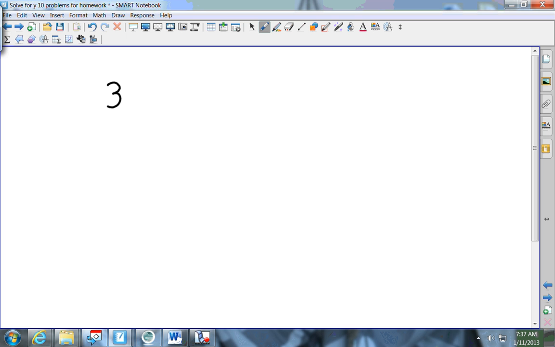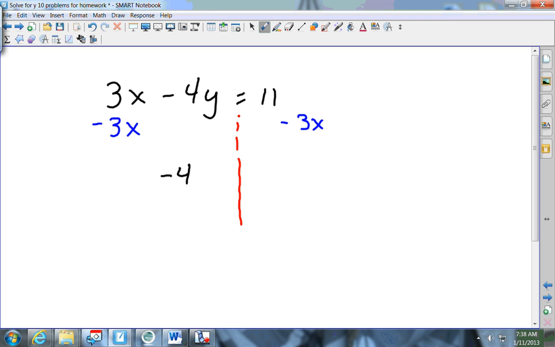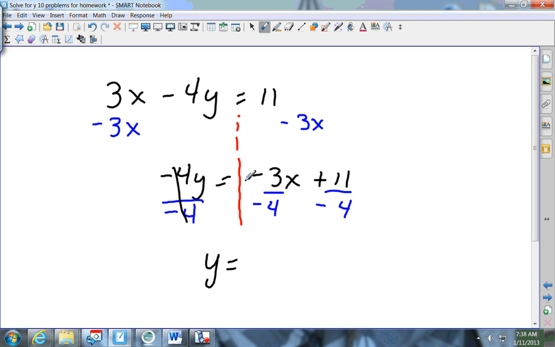The sixth one was 3x minus 4y equals 11. To solve on this one, you would have subtracted 3x from each side. You get negative 4y equals negative 3x plus 11. Divide by negative 4. This one isn't as friendly. Negative divided by negative is a positive. I get y equals 3/4, that'll stay the same.